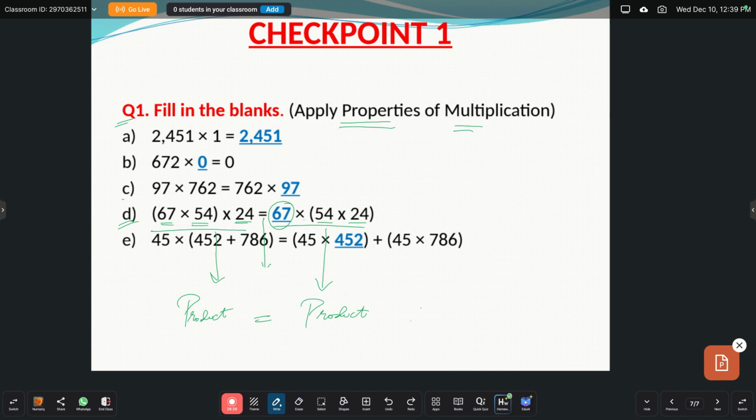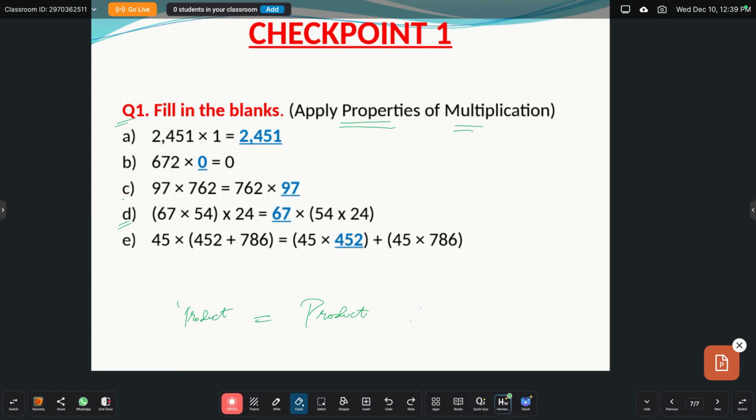This 54 is here and this 24 is here and this 54 is here and this 24 is here. And the product is also same. It means that I have to use the same number here. This 54 and 24, these are the same numbers here. So which number is left here? It's 67. I will write down this 67 here.